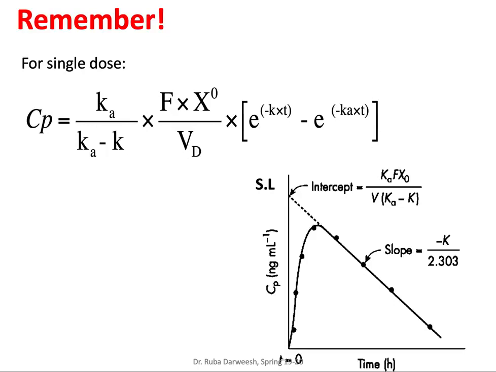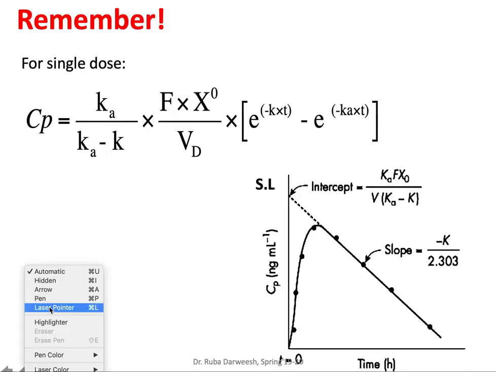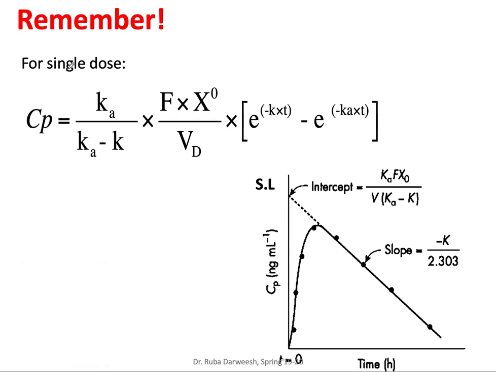Okay. If you remember, we know that from the single dose, this is not rectilinear, this is a semilog profile, in which, if we are talking about one compartment, we have a total of two phases: absorption phase and elimination phase.